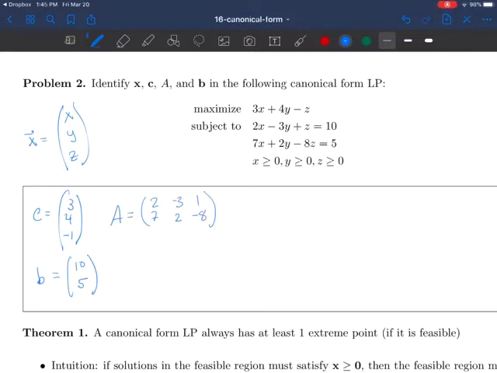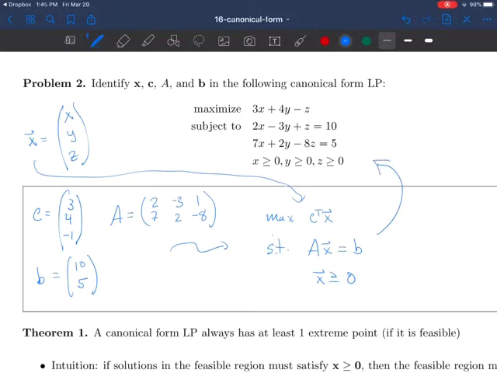And then the problem, you can see, is in canonical form. It has the same properties as before. And so we can just write it succinctly as max c transpose x hat, and I'll put the little hat on the x so we know that it's this x, subject to A x hat equals b, x hat non-negative.